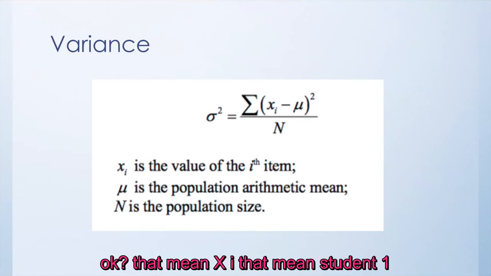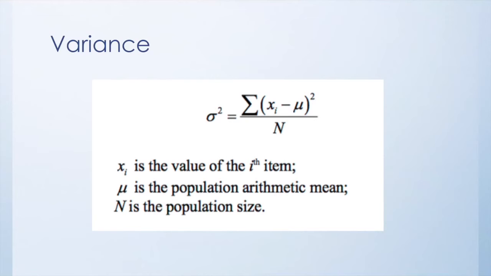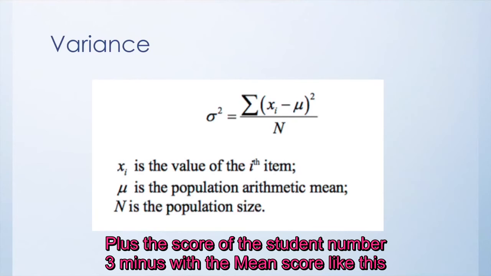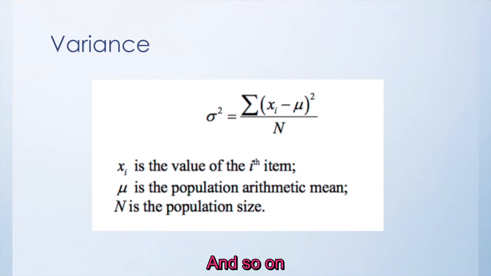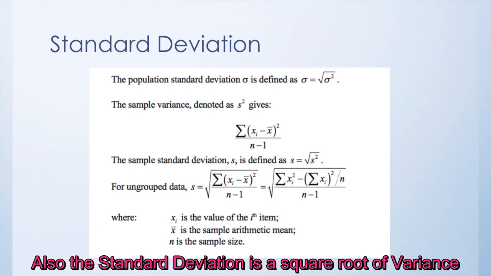For xi, that means student 1, the score of student 1 minus their mean score, and then plus the score of the second student minus the mean score, plus the score of student number 3 minus the mean score, like this, and so on. Also the standard deviation: standard deviation is the square root of variance. See here.